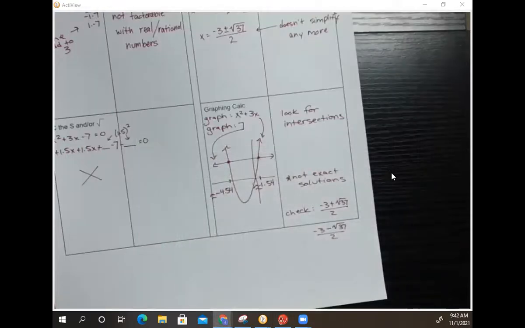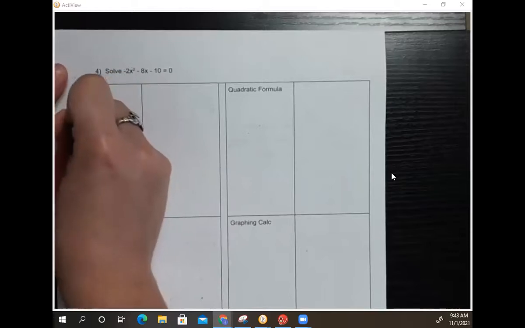Okay, let's take a look at our last problem here for today. I've got standard form, which is nice. So if I want to factor this, first step, pull out a GCF. That'd be negative 2 times x squared plus 4x plus 5 equals 0.